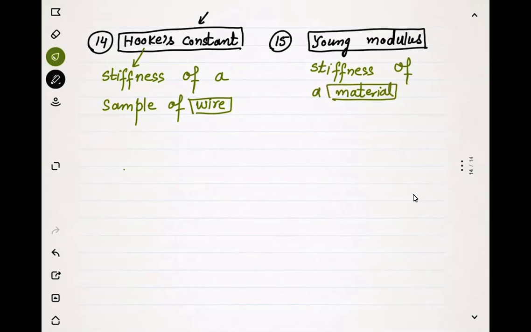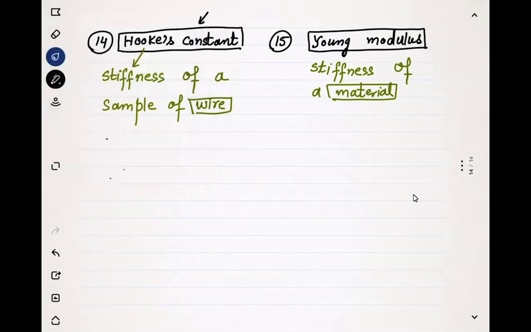So basically, if you want to compare the stiffness of different wires, then the quantity that you're going to use is Hooke's constant. So Hooke's constant is used to compare the stiffness of individual wires. However, if you want to compare the stiffness of the material of the wire, then the right quantity is Young modulus and not Hooke's constant.